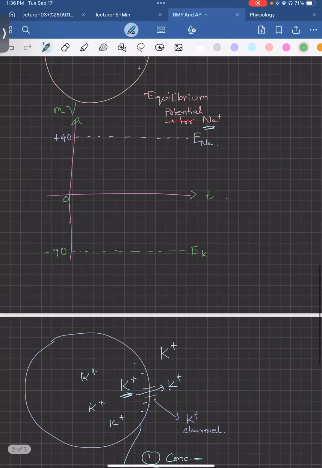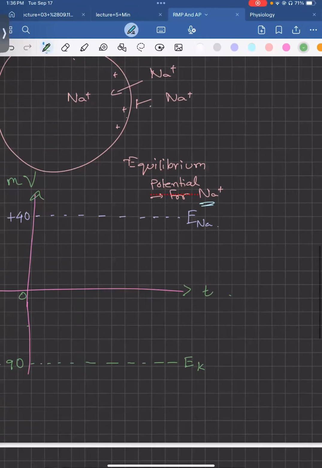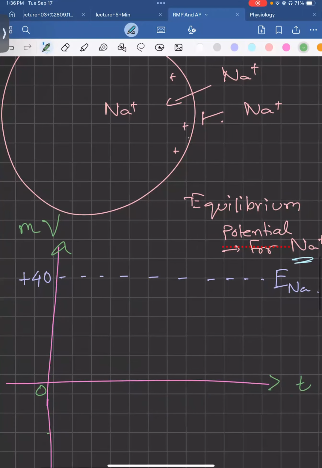I have a cell with only sodium in it. Sorry, let's do this one. Yeah, with only sodium in it. No potassium, just sodium. And I have the cell membrane potential at, I'll say, minus 20 millivolt. That's where I'm holding it artificially.